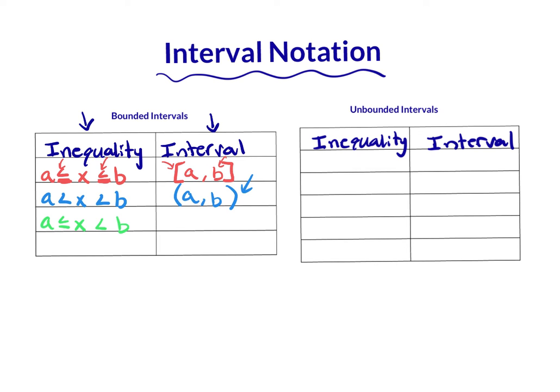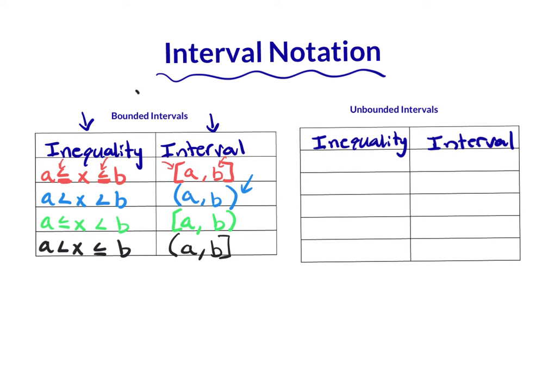It's including a, so a bracket with a, but not including b, so a parenthesis with b. And you can probably guess the last one: a is less than x, less than or equal to b. It just flips. It's not including a, but it does include b.